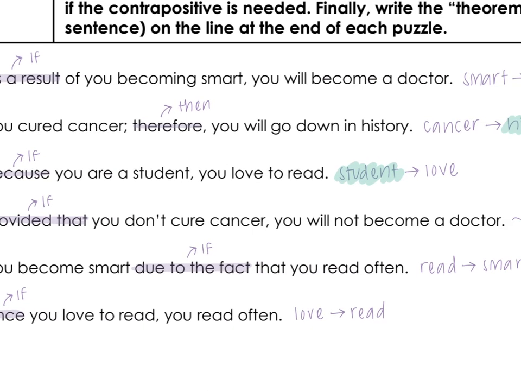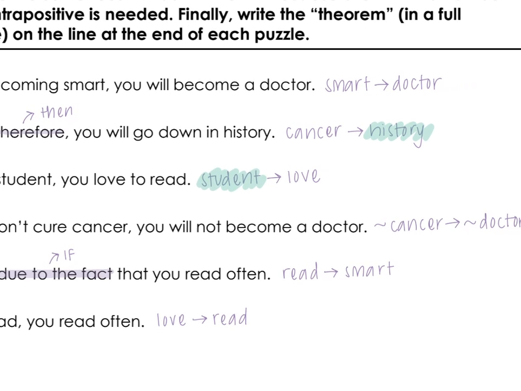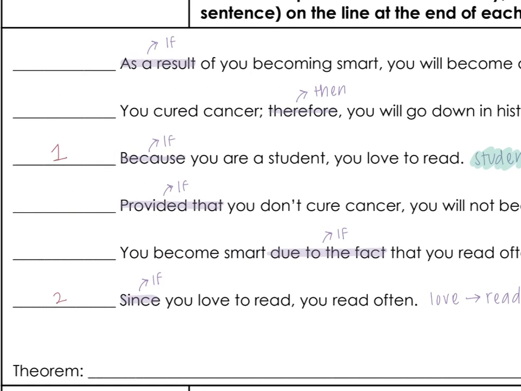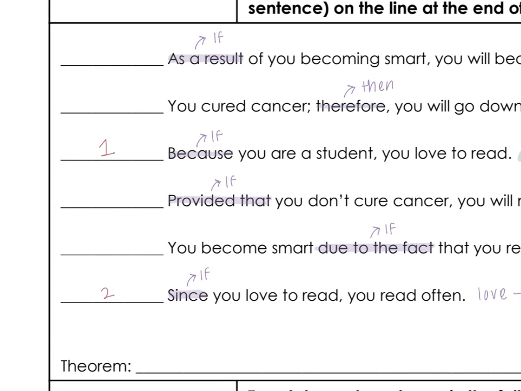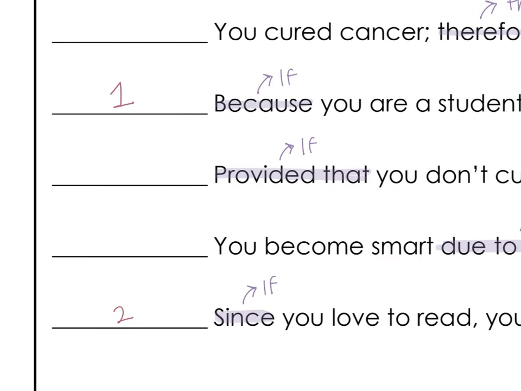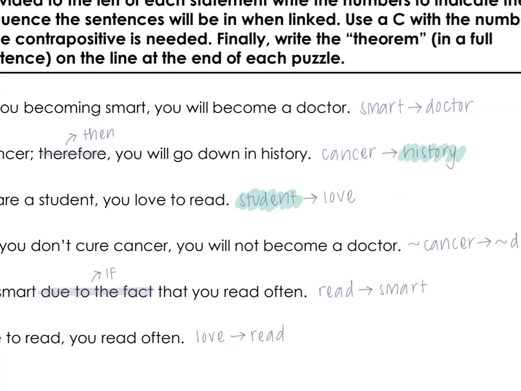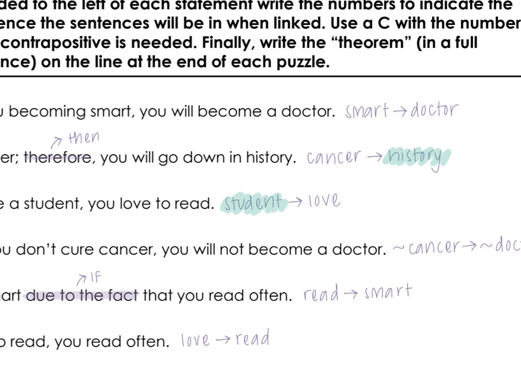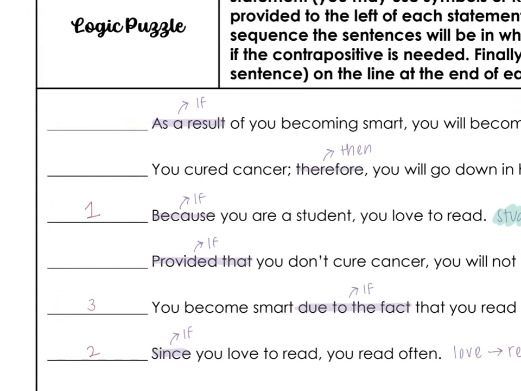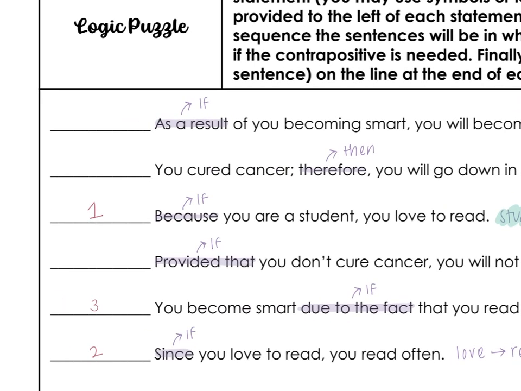Then I have read. Okay, I noticed that read is going to be just that statement right above it, actually. Okay, so read's going to end in smart, so I want to pick up at smart, which is that sentence up top. So that's going to be my number 4.